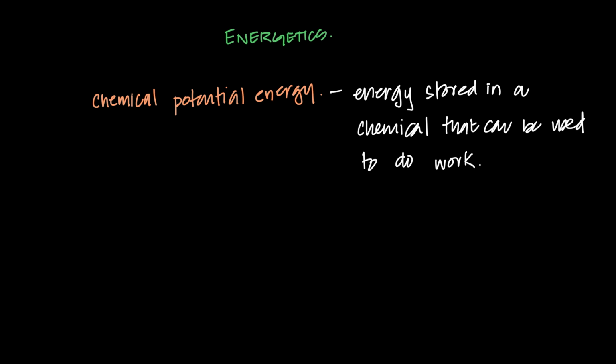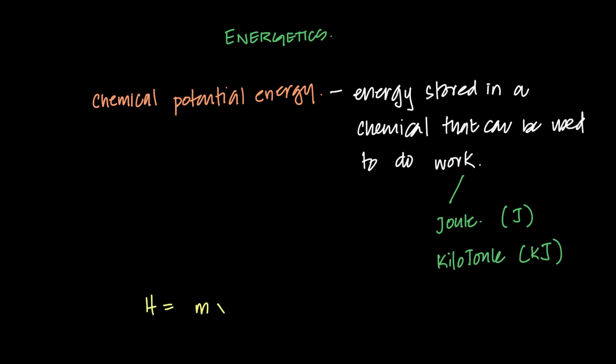At this time, you should also know that the unit for any energy or work done is joule. So we'll be dealing in joules and even kilojoules, which represent 1000 joules. And a reminder of this formula, which I'm sure everybody's done in physics in O levels, is mc delta T, where m stands for the mass of the substance being heated, c the specific heat capacity of that substance, and delta T is the temperature rise.